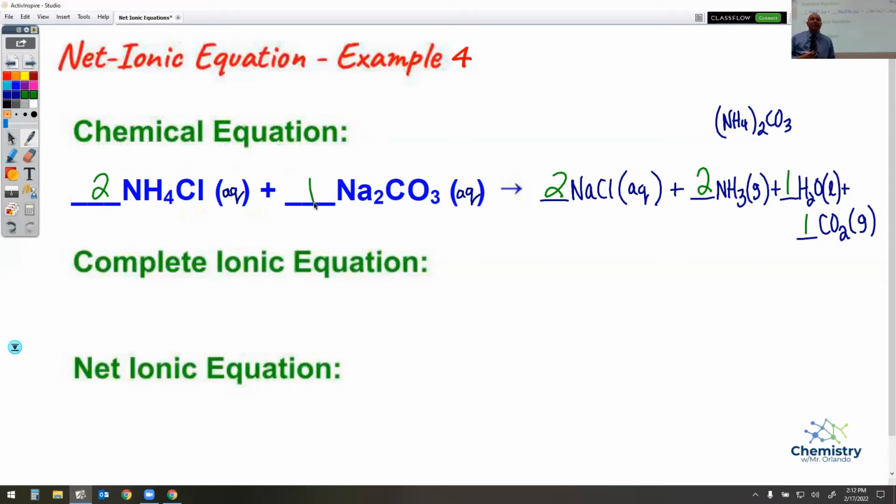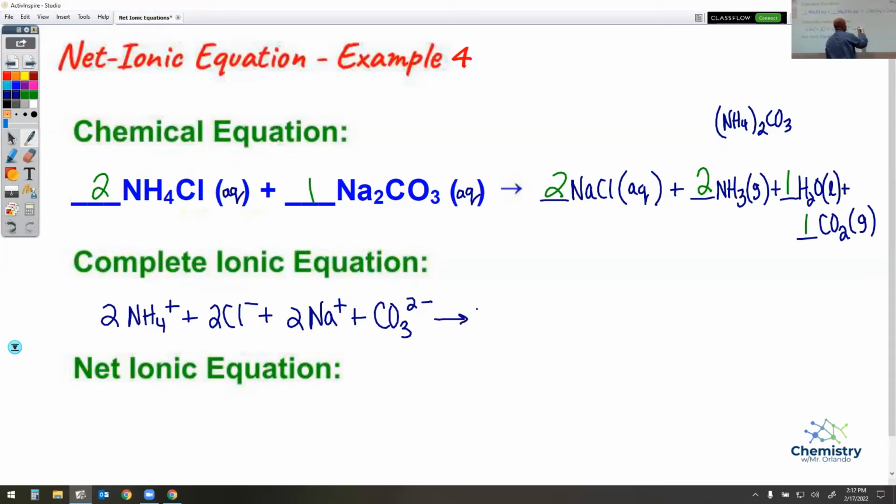Now let's have a look at the complete ionic equation. Starting on the reactant side, we have 2 NH4 plus 2 chloride ions plus 2 sodium ions plus a carbonate ion. Aqueous, so all of this is going to break up into ions.